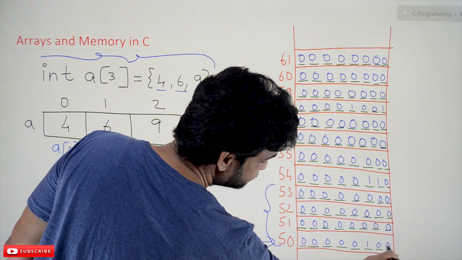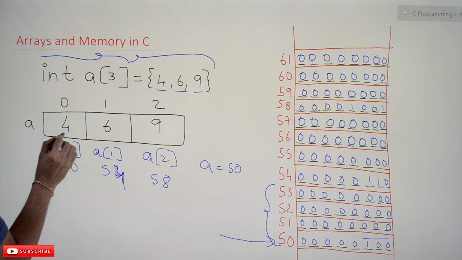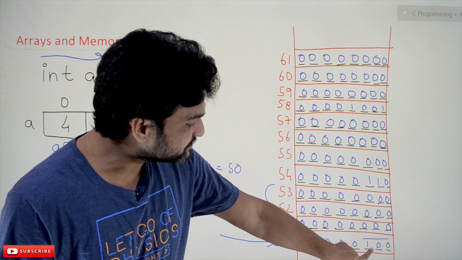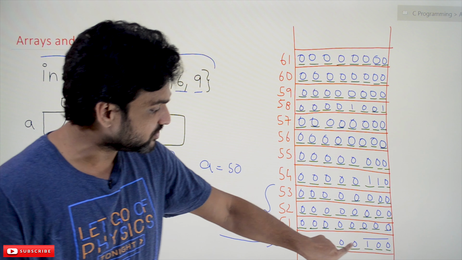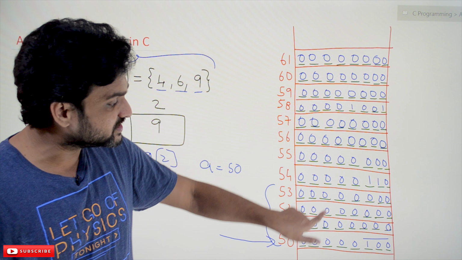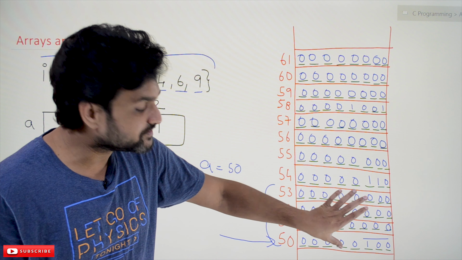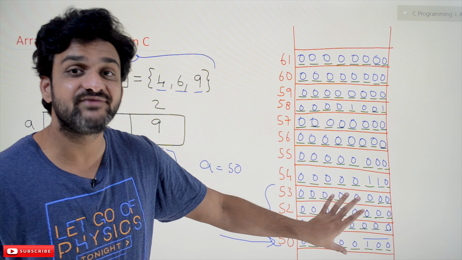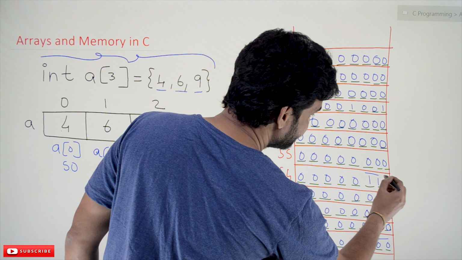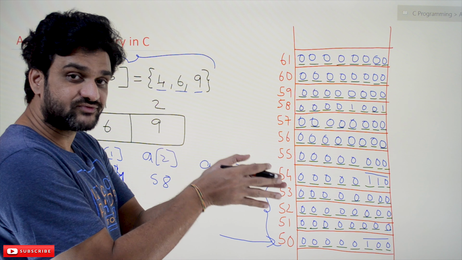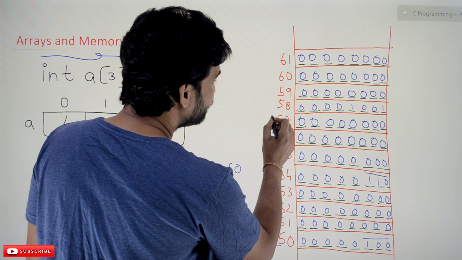See here, 1, 0, 0. These 3 bits represent the binary representation of 4, and all the remaining bits in this first byte and the remaining 3 bytes are stored with zeros. So this is a 4 byte representation of the binary value 4. Similarly, see here, 110 is the binary value of the decimal number 6, and it is using 4 bytes of space.